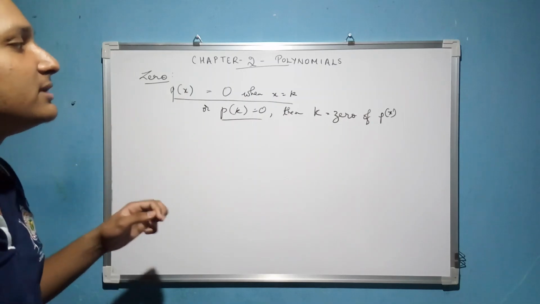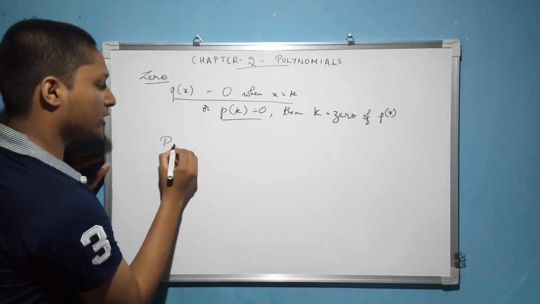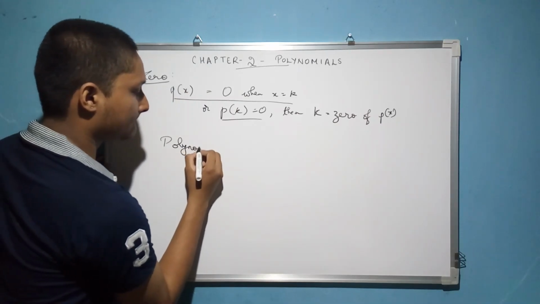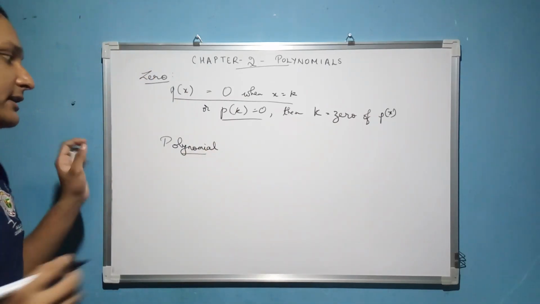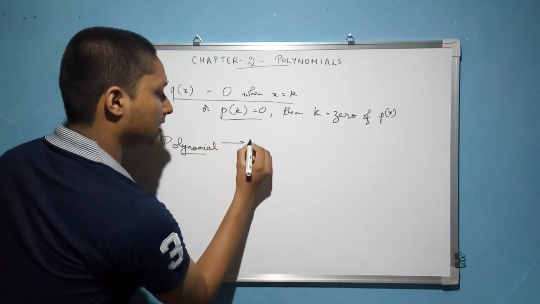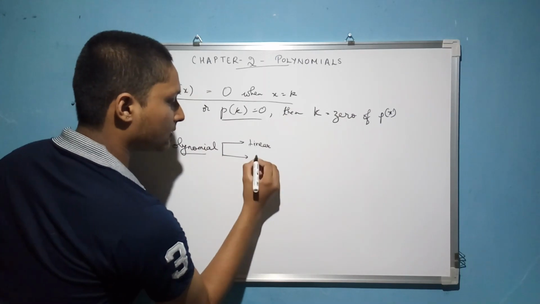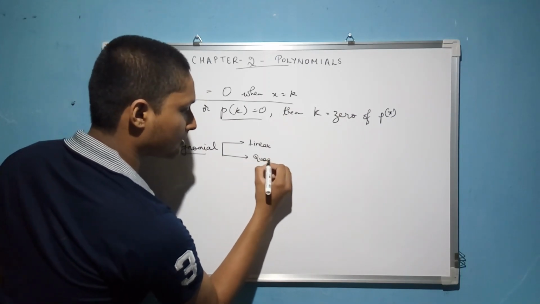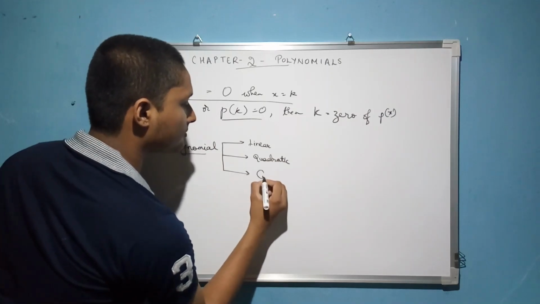So every polynomial can be divided into so many types, based on the degree. The first one is linear. The second one is quadratic. The third one is cubic.